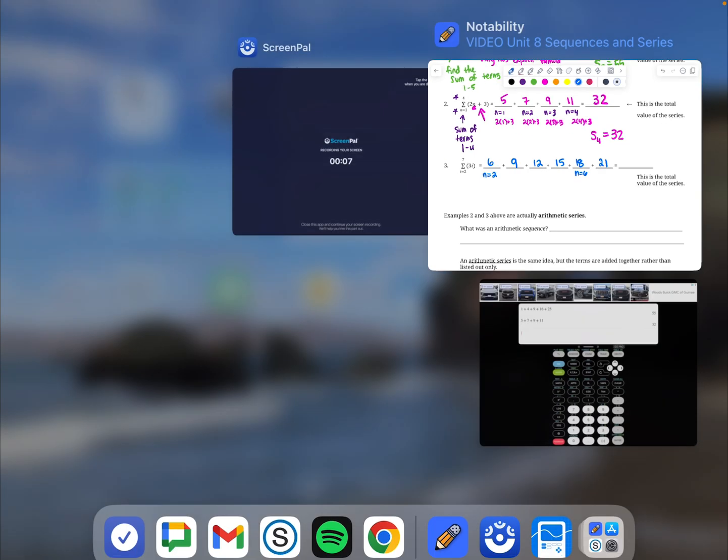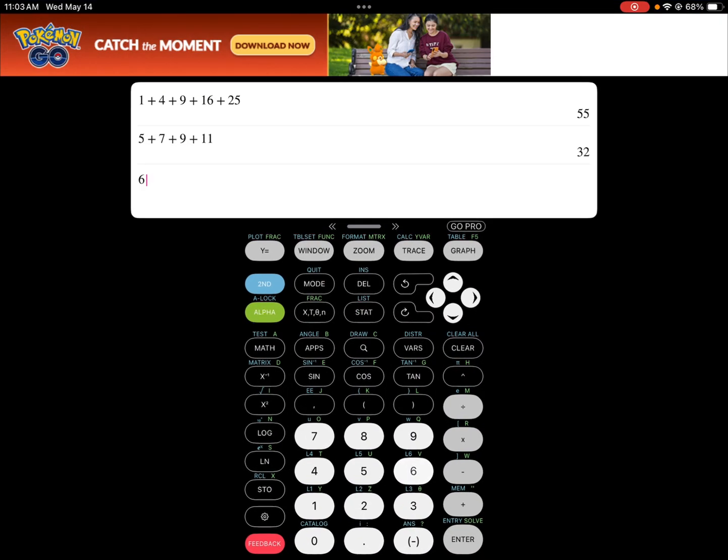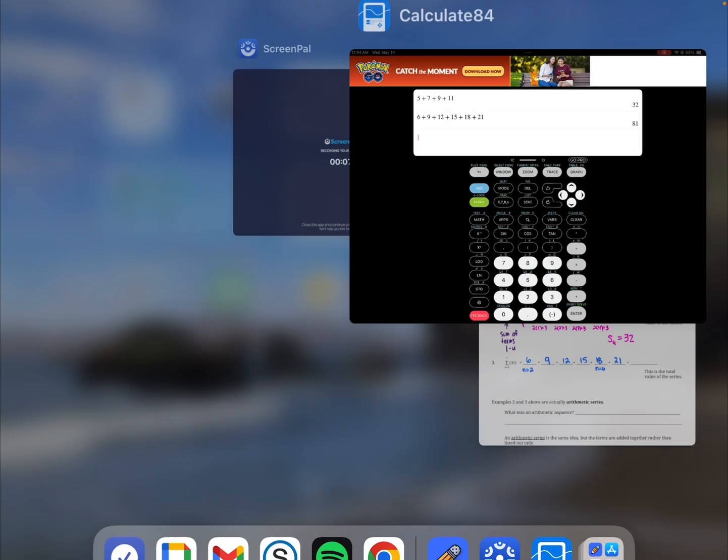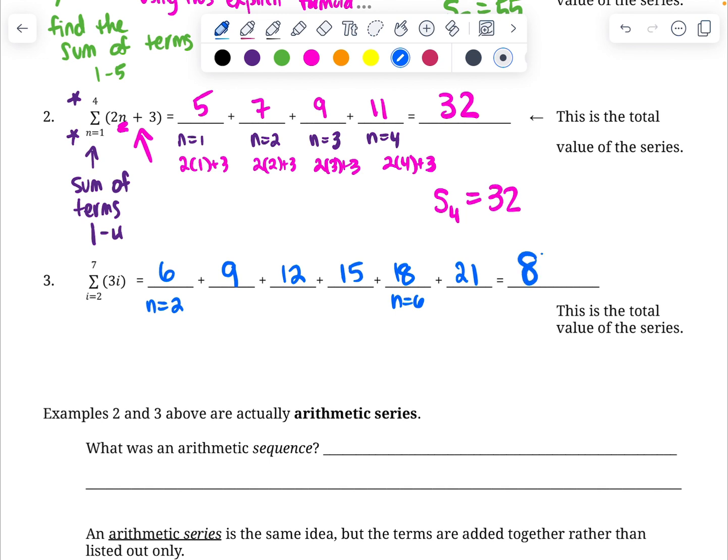And then hopefully you got the total. 6 plus 9 plus 12, 15 plus 18 plus 21. 2, 3, 4, 5, 6, 7. Yep. 81. And so remember that S of, and I guess we would say the sum of the n terms that we added up, because we didn't start at 1, is 81.